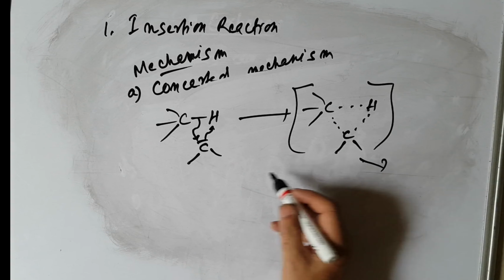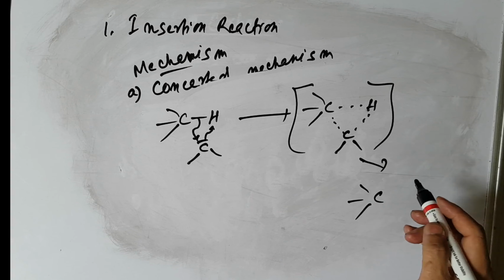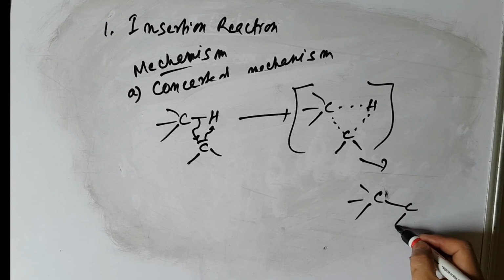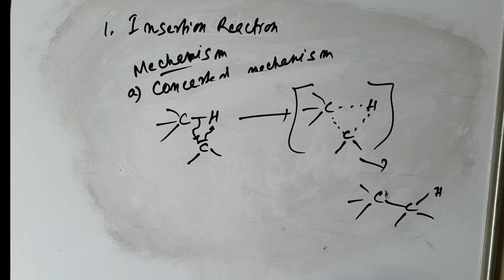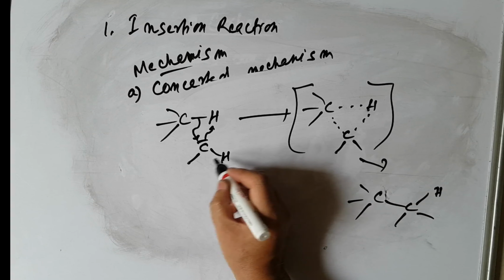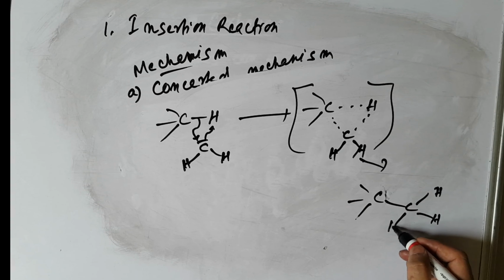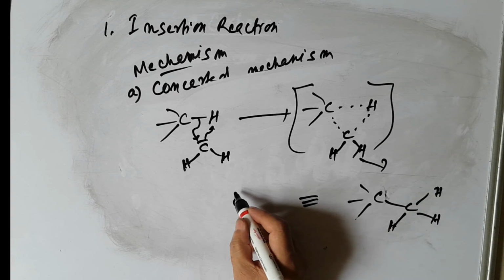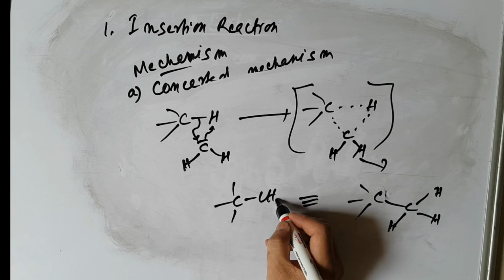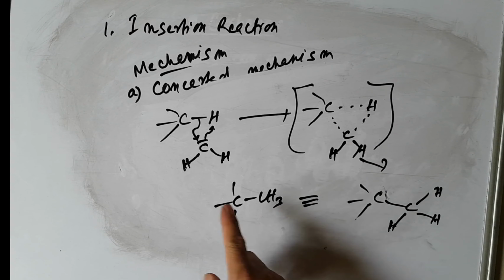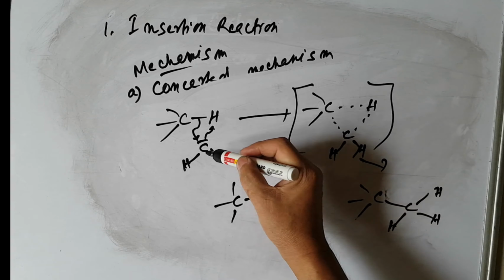Your product will be C, and then we have C, hydrogen like this. If you have methyl carbene, then you can have similar CH3. So this is the concerted mechanism: you can have direct insertion taking place from here.